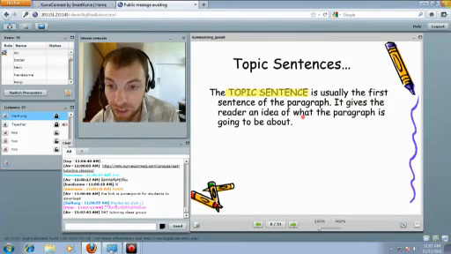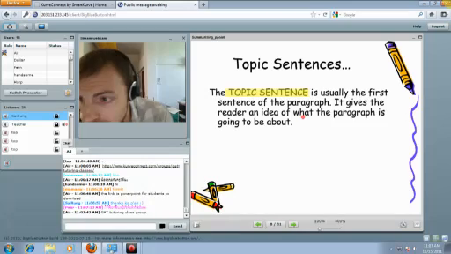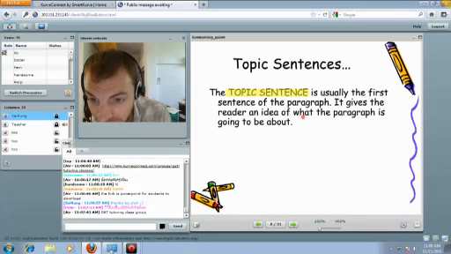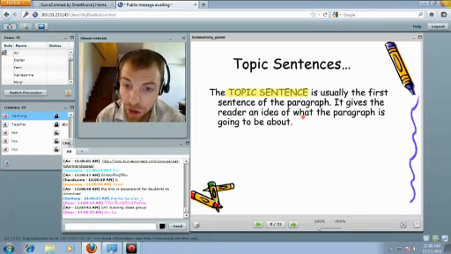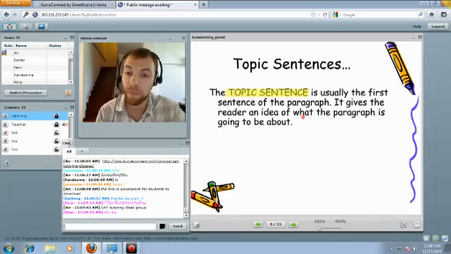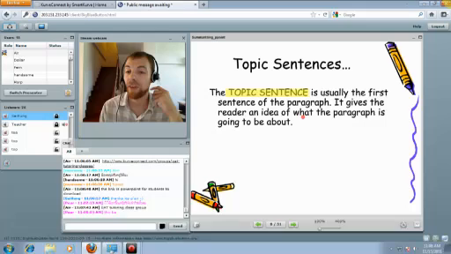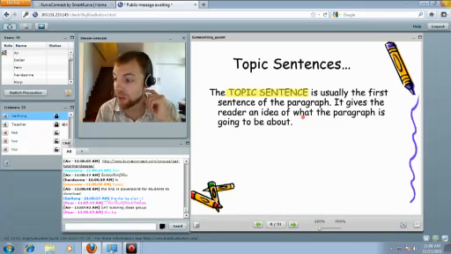Alright, topic sentence. The topic sentence is usually the first sentence in a paragraph, and it gives the reader an idea of what the paragraph is going to be about. So usually, if you need help finding the main idea, you look at your topic sentence.